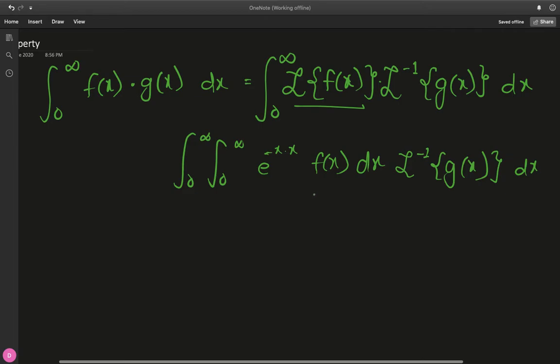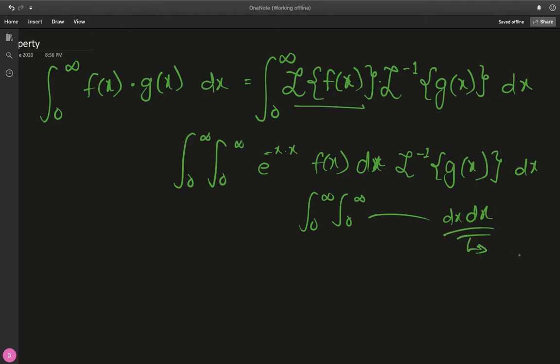Now notice there's a problem here clearly, because two integrals with dx, it's like saying integral from 0 to infinity, integral from 0 to infinity, whatever we have inside, dx. This is a really bad abuse of mathematical notation. And another problem is we are losing that parameter of the Laplace transform, because now we have e raised to negative x squared here, which is basically the Gaussian function.